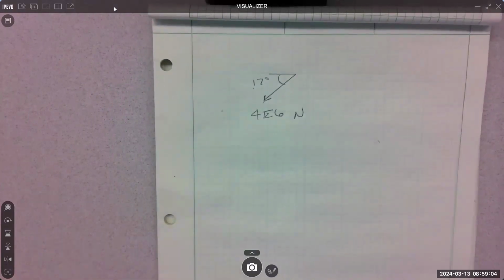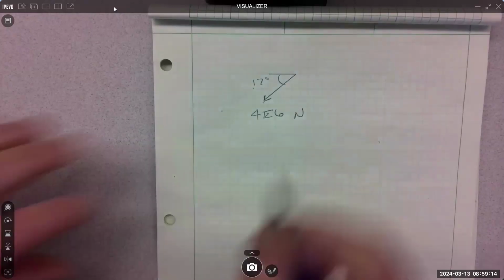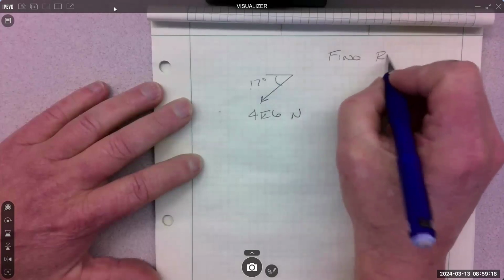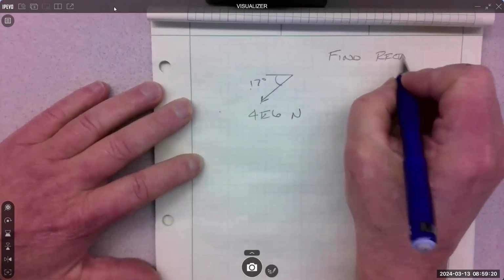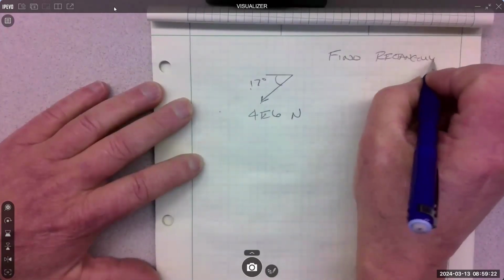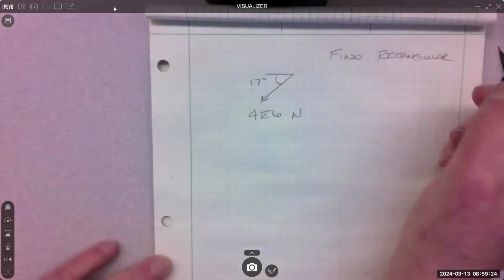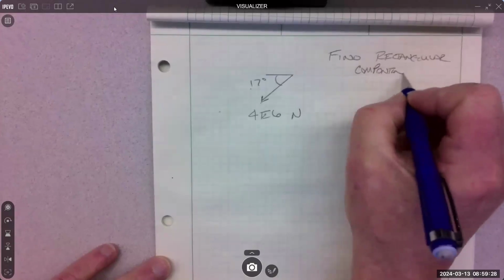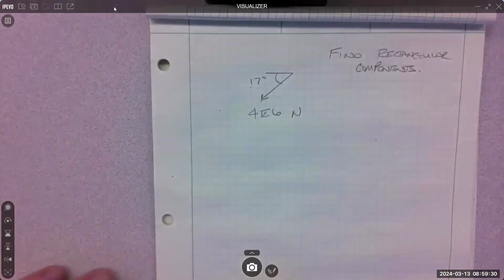Find the components of the 4E6 newtons. So it would say find the rectangular components.